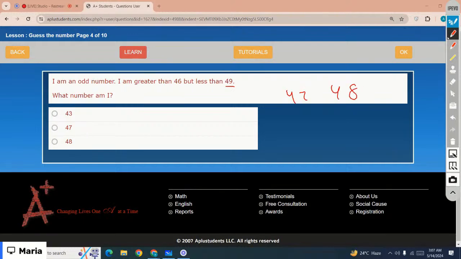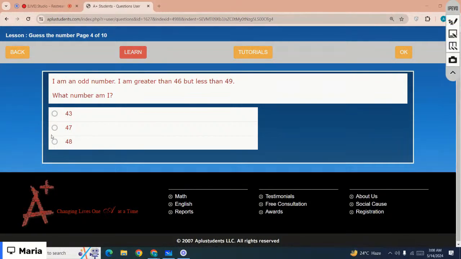So odd number it is. Which is the correct option? 47 it is. The only odd number here is 47. So the correct option is 47.